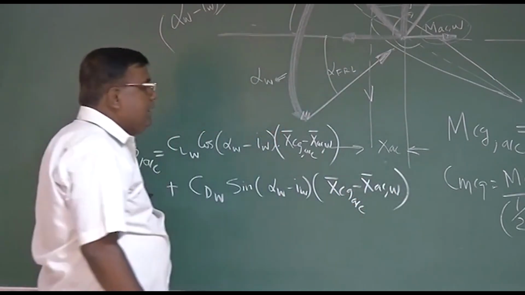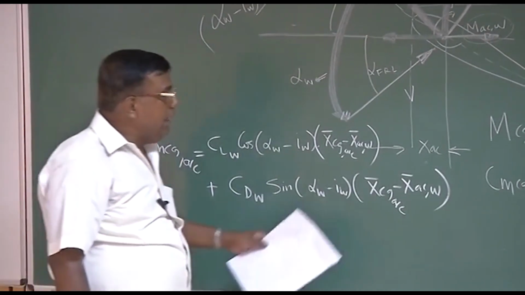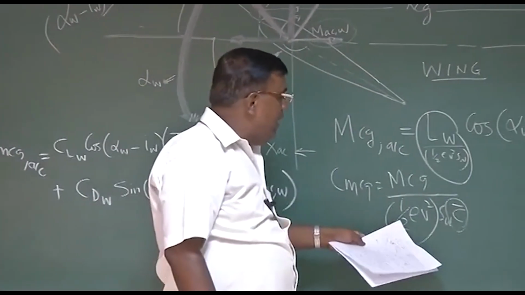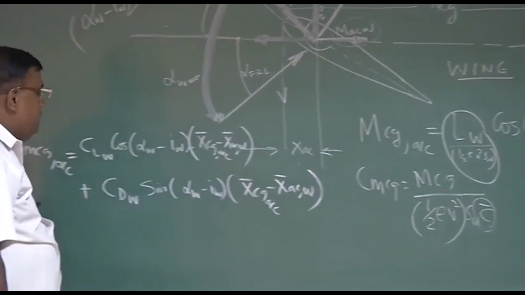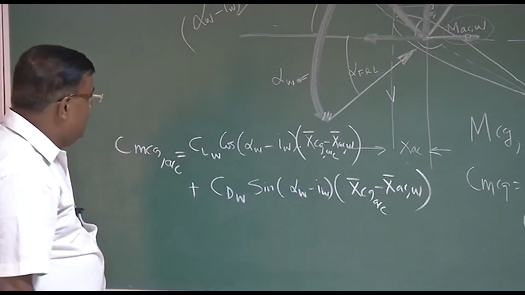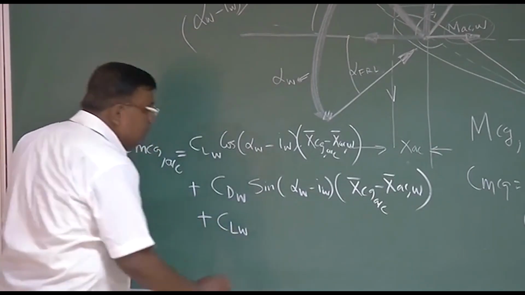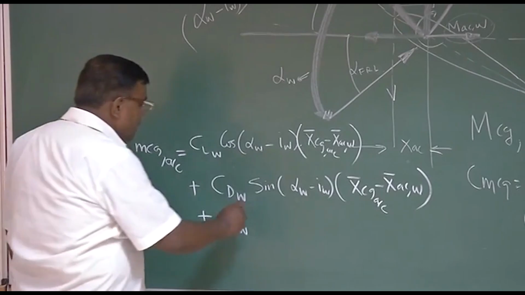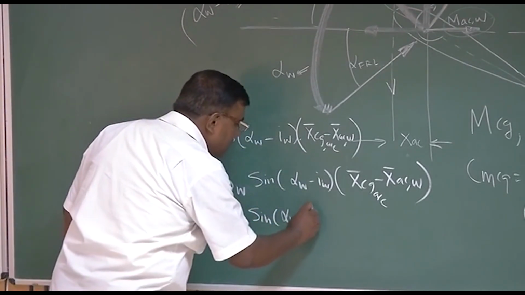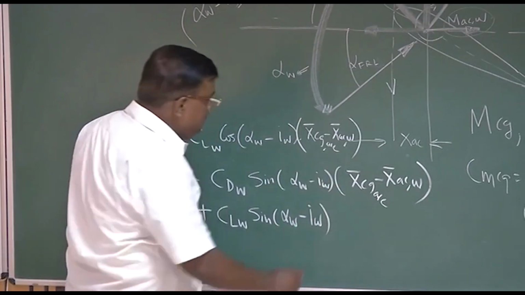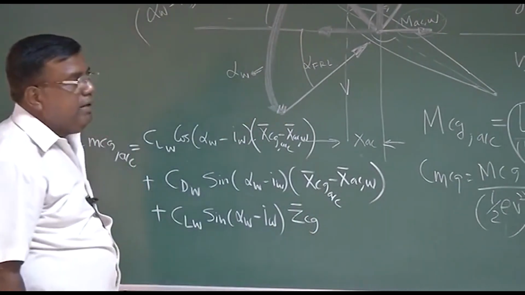Bar means X CG distance divided by mean aerodynamic chord C bar. That happens because I was dividing MCG by half rho V square SW C bar. Similarly, the third one will be CLW into sine of alpha W minus IW into Z CG bar, where Z CG bar means Z CG divided by C bar.